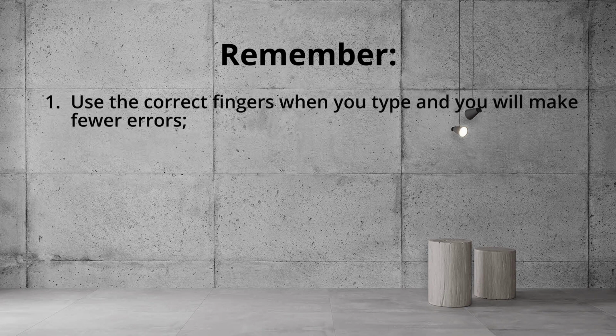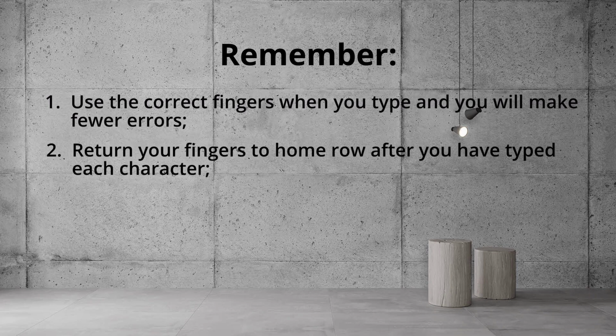Now let's look at 3 important things that you need to remember. Number one, you must make sure on your keyboard you use the correct fingers for every key so that you make few errors or few mistakes. Number two, you should always return your fingers to the home row after you have typed each character.